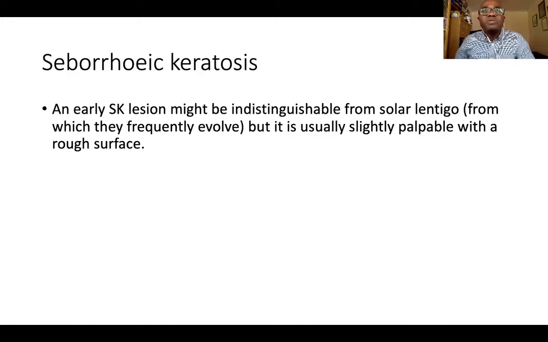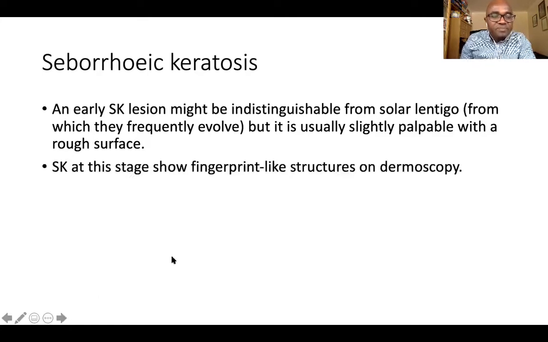So most people with seborrheic keratosis on their face can start very early like a solar lentigo, and therefore it's difficult to distinguish between a solar lentigo and an early flat seborrheic keratosis on dermoscopy. They all have the finger-like projections that we describe as a diagnostic criterion.